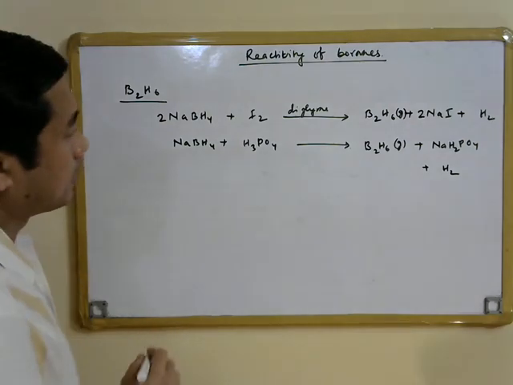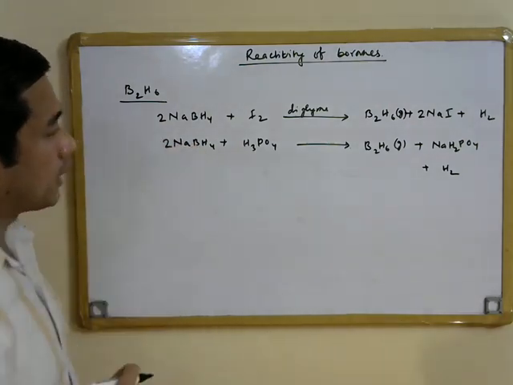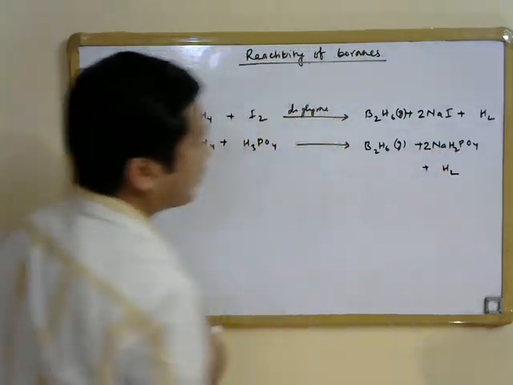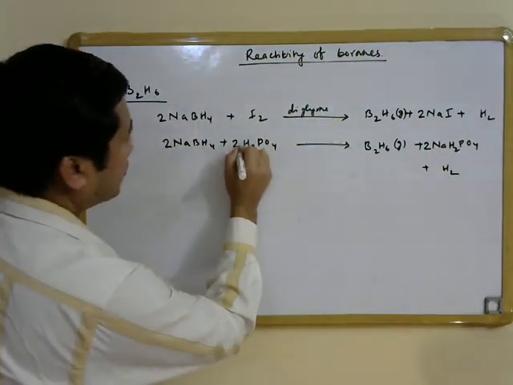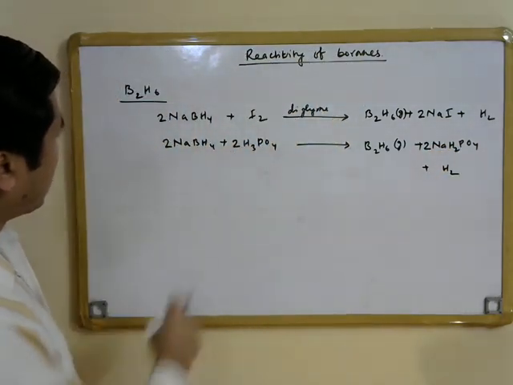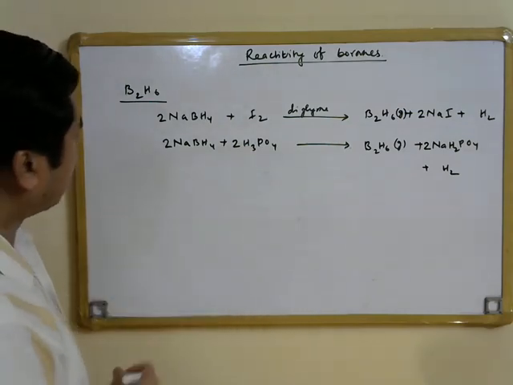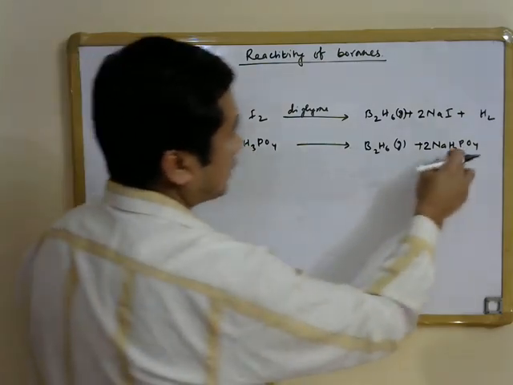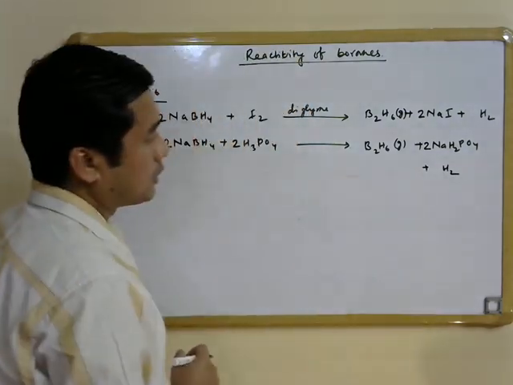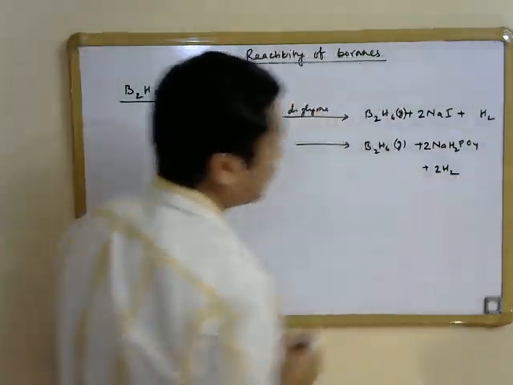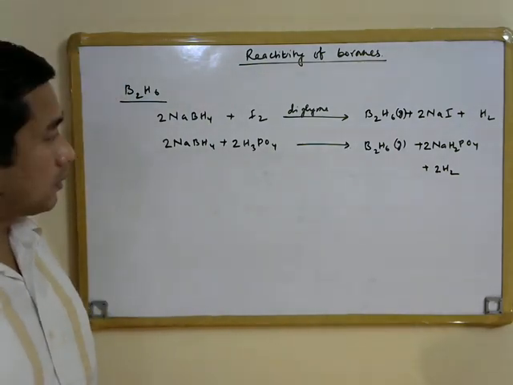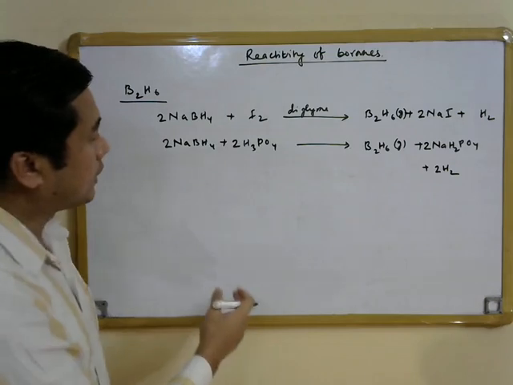If we balance this reaction, we put 2 over B2H6 and 2 over NaH2PO4, and then balance the hydrogens: 8 plus 6, 14 hydrogens, and 6 plus 4, 10. So 2 moles of hydrogen are released in this reaction when we obtain B2H6.